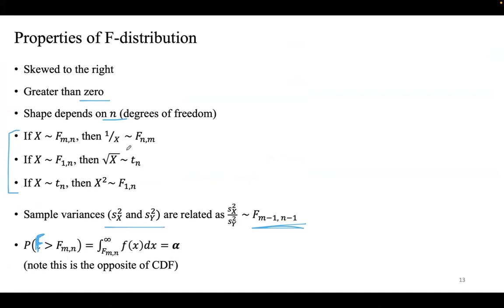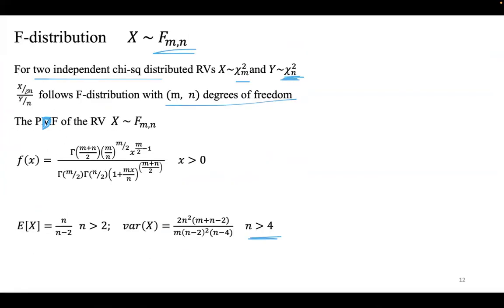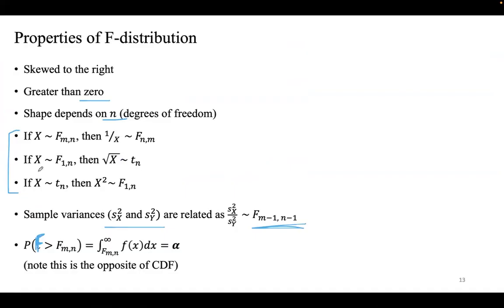It's just that the degrees of freedom are going to get interchanged, because this had a numerator-denominator sort of formula. Now remember, there was a restriction on what n should be. n has to be greater than 4, but there was no restriction on m.